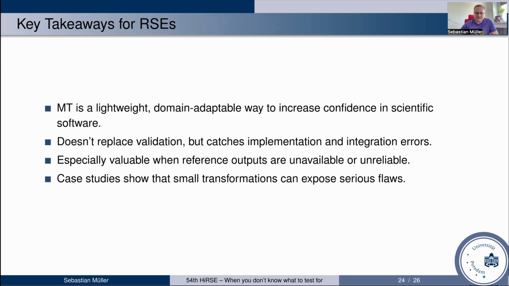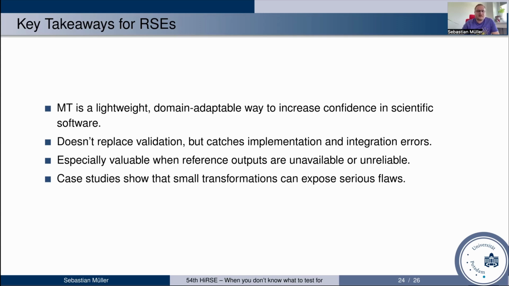It is especially valuable if you don't have these reference outputs, this crystal ball, or if those are unreliable because you might use something like randomness in your program. If you have any non-determinism in there, then your oracles are really, really difficult.